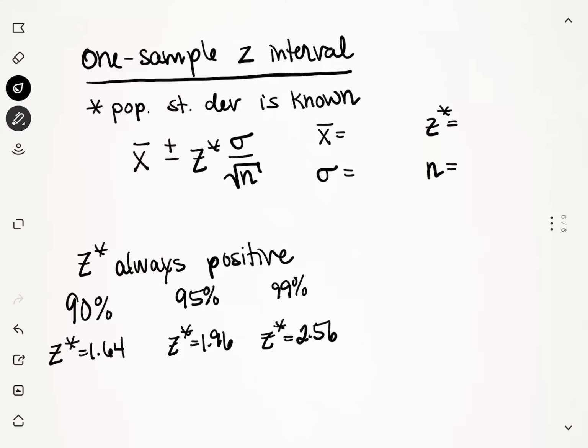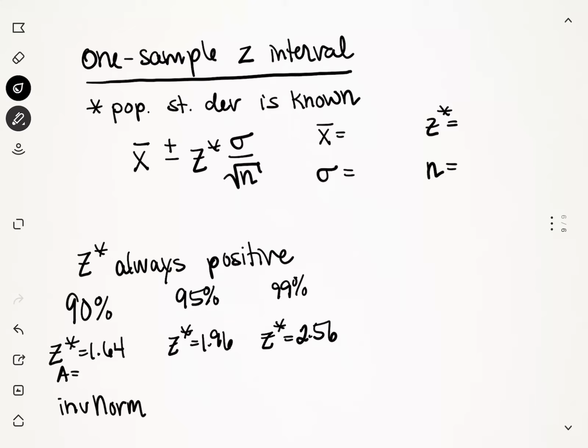So that might be easy to memorize if you've got some extra space in your brain. Or you can do an inverse norm and find the critical value for the type of interval you're trying to construct. Remember that the area you would use when performing that inverse norm operation on your calculator is half of the difference between the confidence level and 1.